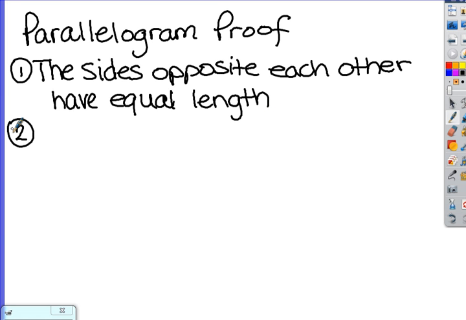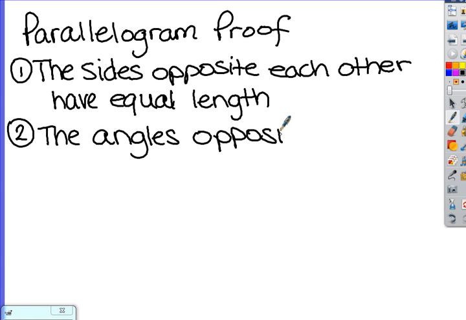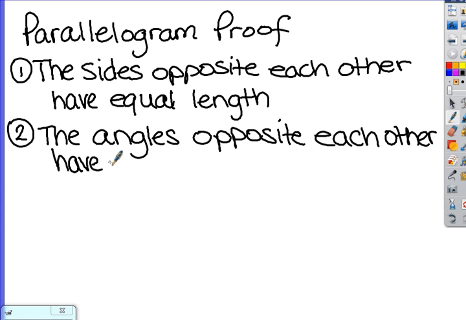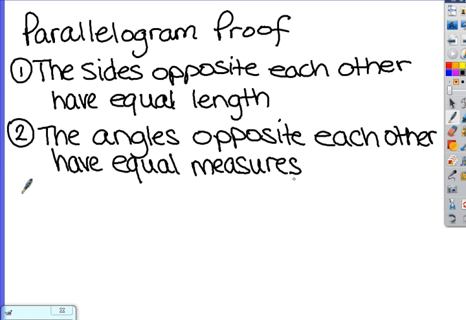Proof number 2, the angles opposite each other have equal measures. Proof number 3.